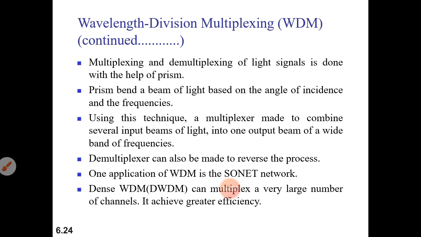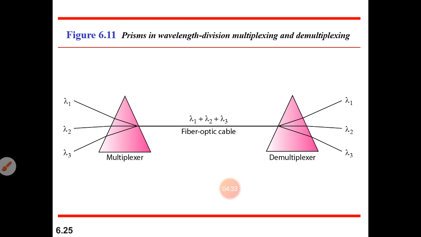Here we use two prisms. One prism is used to multiplex the optical signals of different wavelengths, and another prism is used as the demultiplexer to separate the optical signals into their respective wavelengths.